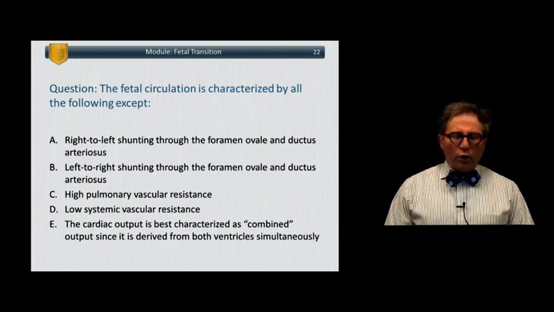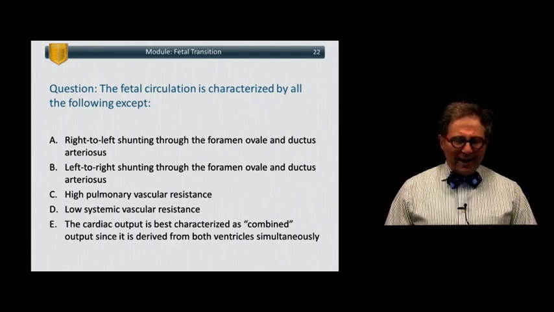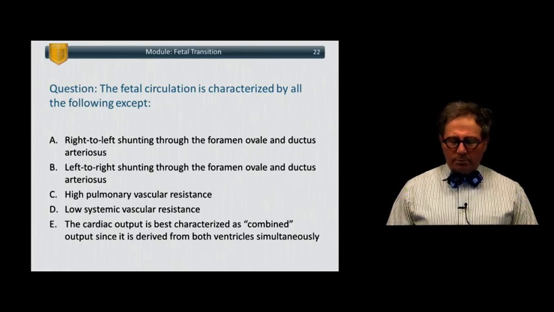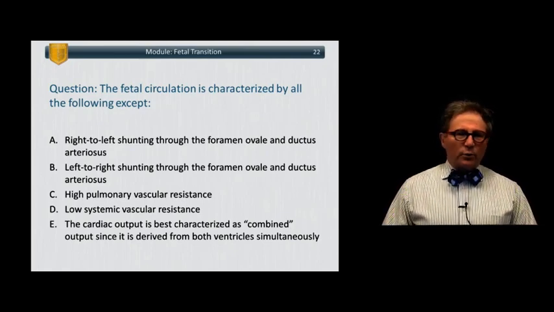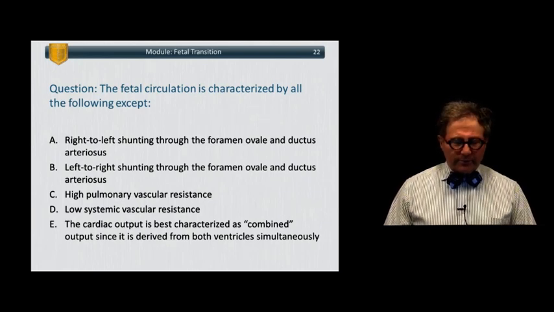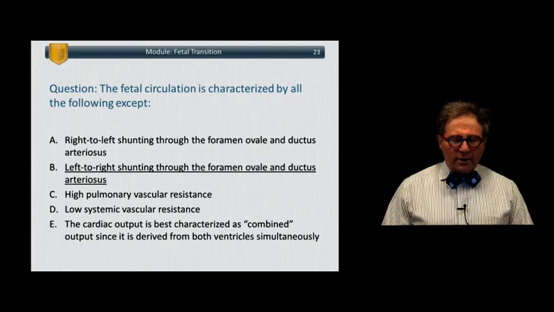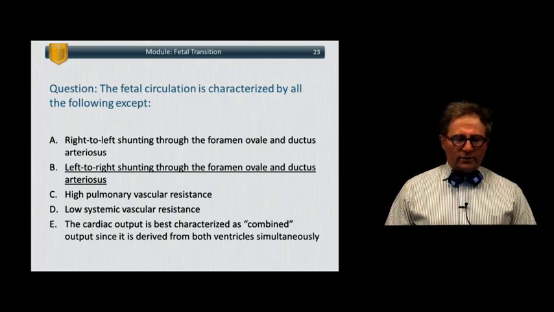D, low systemic vascular resistance. And E, the cardiac output is best characterized as combined output since it is derived from both ventricles simultaneously. Which of the following is incorrect? And the answer is left to right shunting through the foramen ovale and ductus arteriosus.